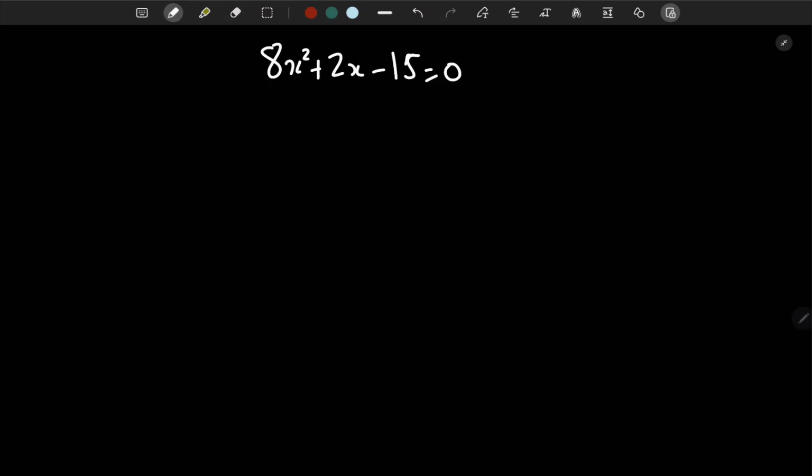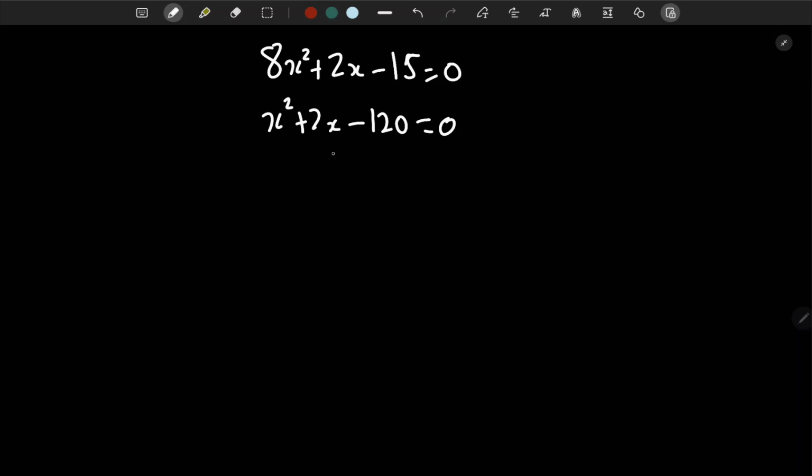Another way we can solve this equation is to take the leading coefficient of x² and multiply it by the last term, the 15. So it will become x² + 2x − 15 times 8, which is going to be 120, I think. Let me recheck.